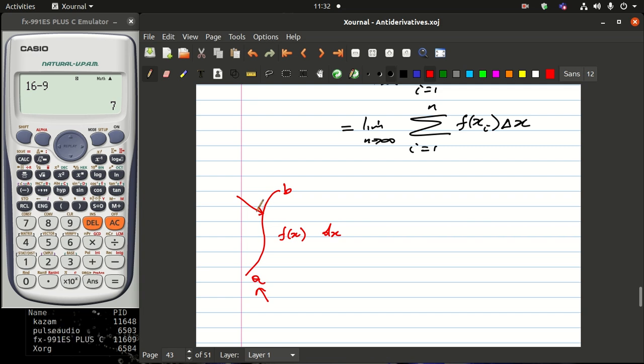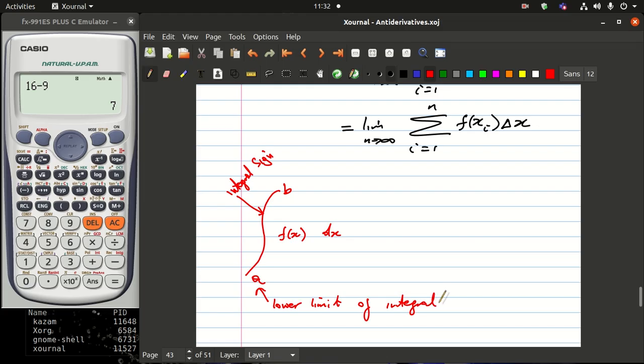This elongated s was first introduced by Leibniz, and we usually call it the integral sign. So it is an integral sign, this s here, and then this value that is here, we call it the lower limit of integration.